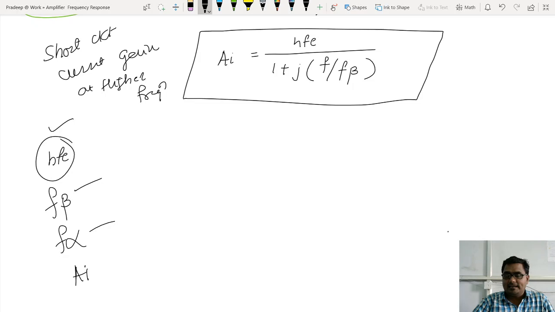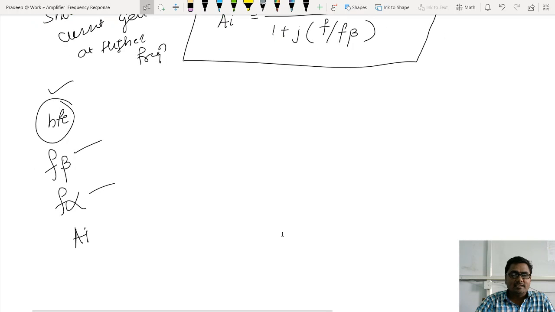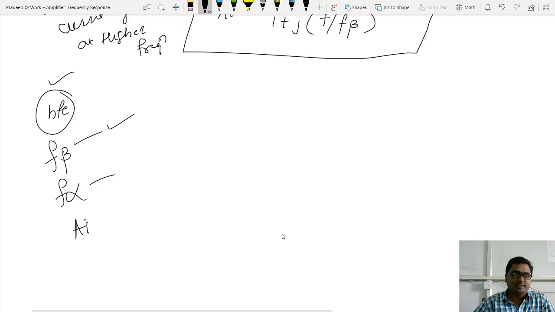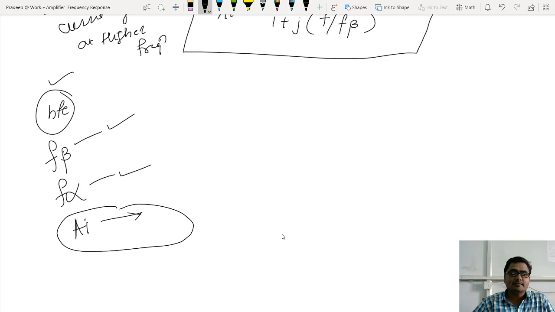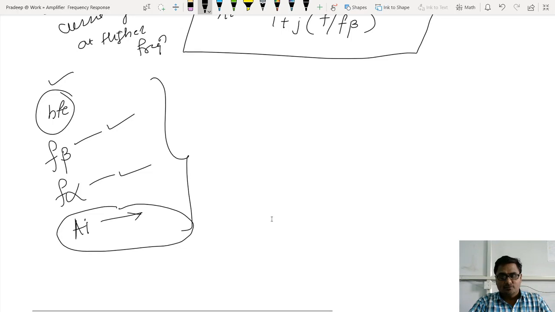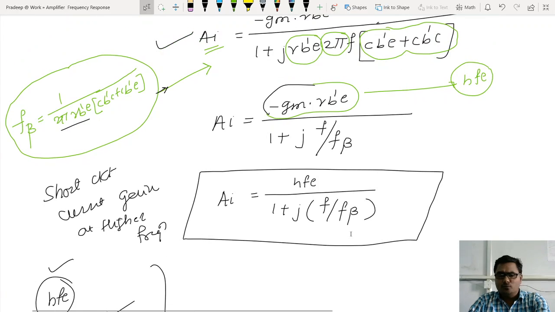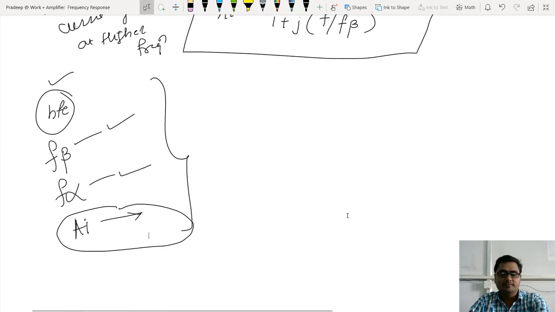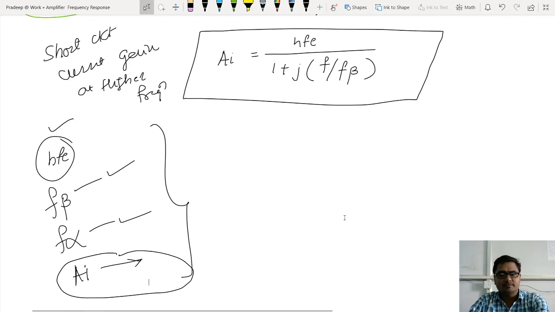So in a descriptive exam, one can ask you to derive only f beta, only f alpha, or they may ask you to derive the equation of AI, the value of short circuit current gain. I think it is more than 1 hour, and whatever we had planned, we are done with. f beta, f alpha, hfe, AI, everything is covered in this lecture.